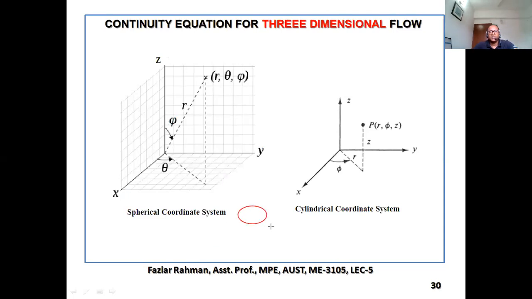So how can we study this? The Earth is round, and from space you also see it round, right? So if this is Earth, you need to study the atmosphere about 2 miles above the Earth. You are counting what the air velocity is, how it looks. Then you need to use spherical coordinates.